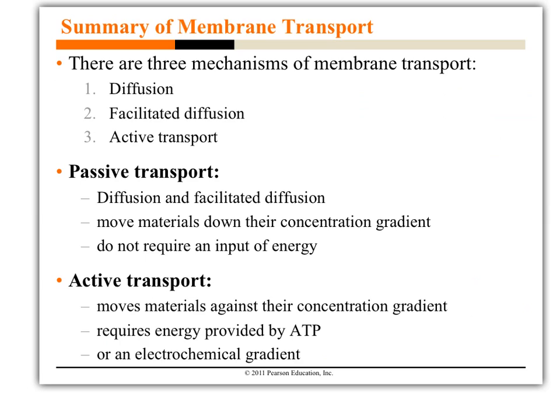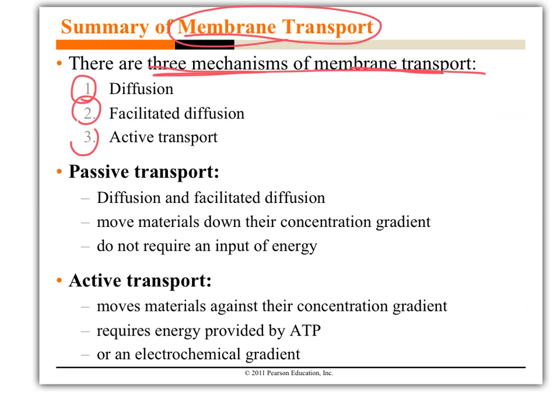So as a summary of membrane transport, we have three main mechanisms: diffusion, facilitated diffusion, and active transport. What are the two types of facilitated diffusion? Channels, right? And what else? Transport proteins.